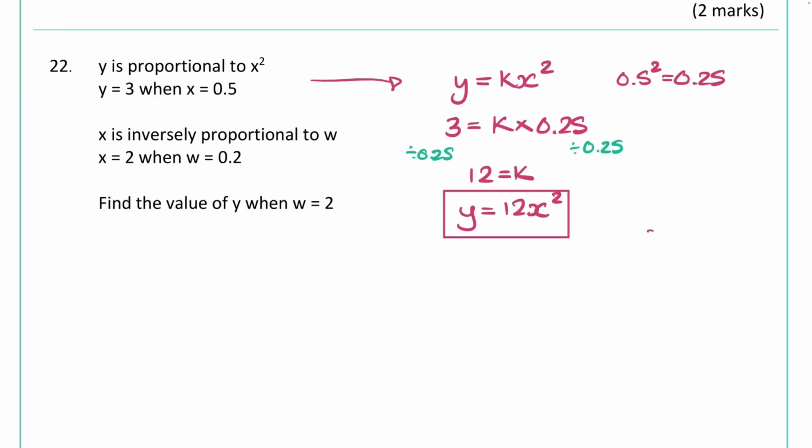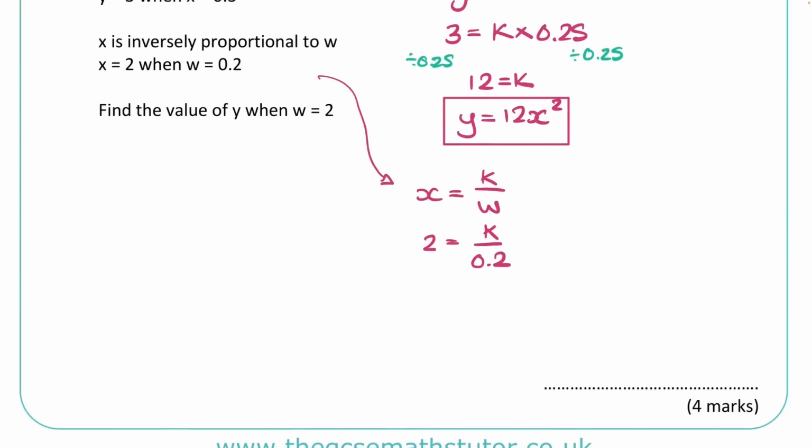Okay, so the next one is inversely proportional. So I need to use my inverse proportion formula. So x is equal to, instead of kw, it's now k over w. And then x is 2. So we have 2 equals k over 0.2, the number they've given me for w. To solve this, to get k, I need to times by 0.2.